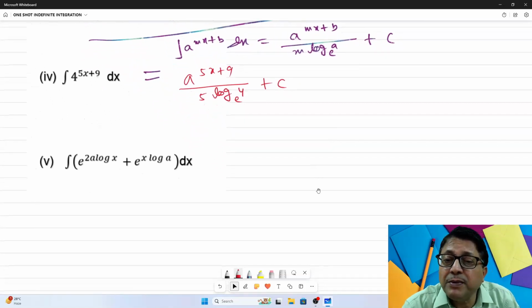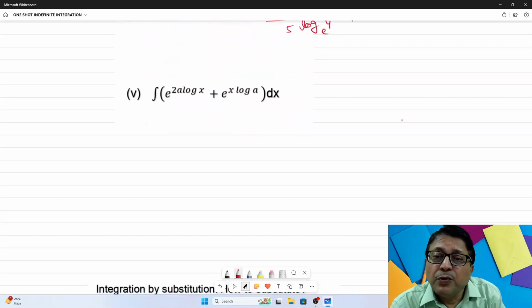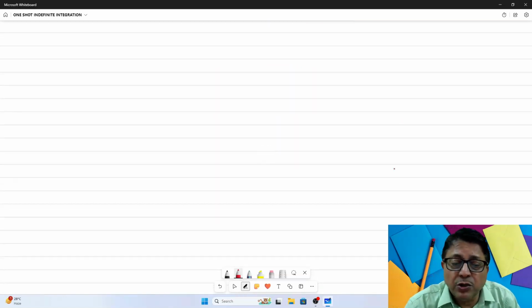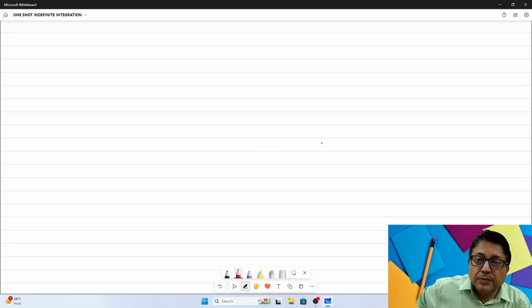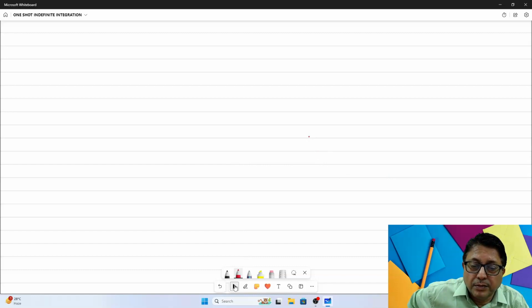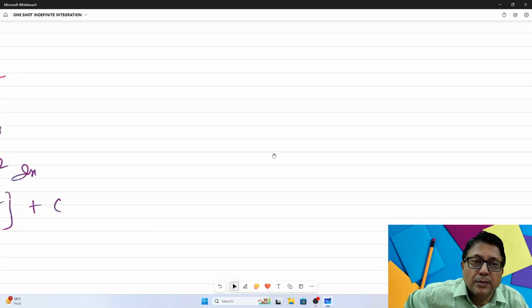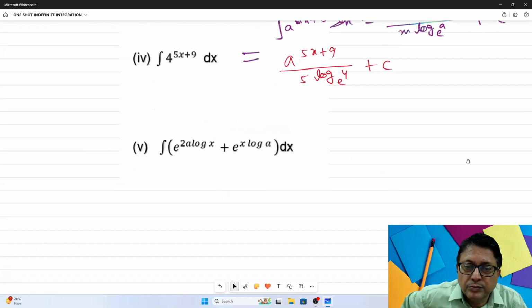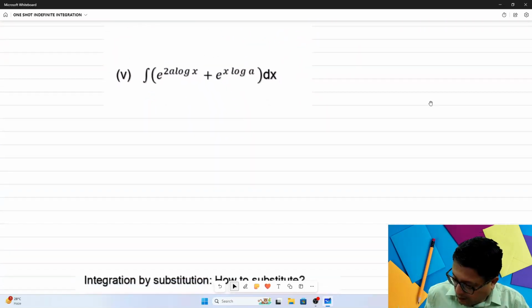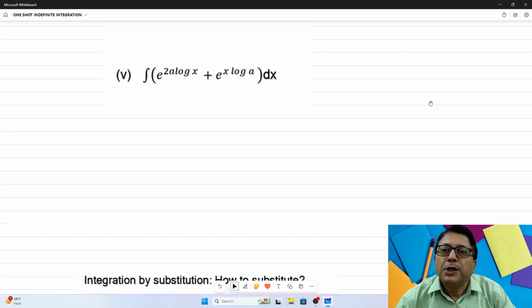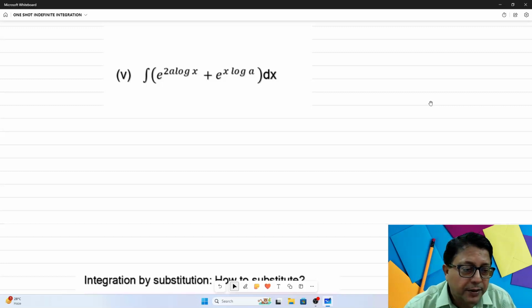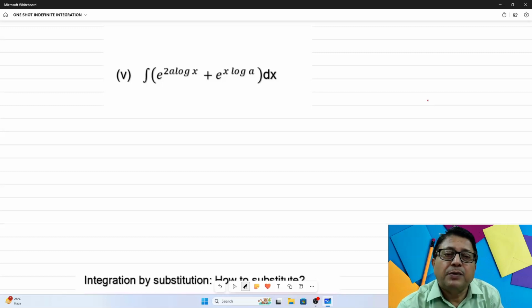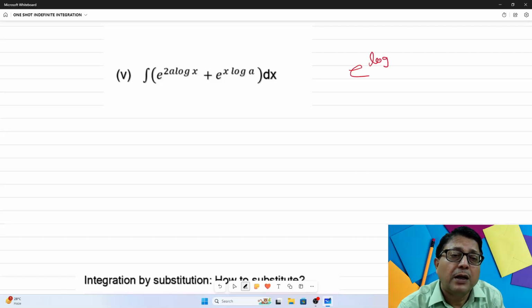Next one is a very good problem, very important also. Why? Because this is based on one important manipulation that you have done in class 11 already, like e to the power log x. If nothing is stated, base is exponential, and the value is x.